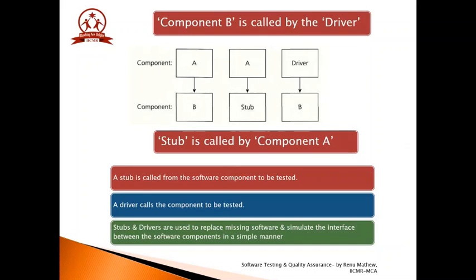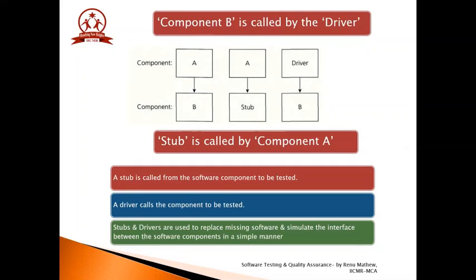But in order to completely test the component A, component B should be ready as few of its functionalities are dependent on component B. But the component B has not been yet developed. In that case, to test the component A completely, we can replace the component B by stub, which acts as a dummy object.